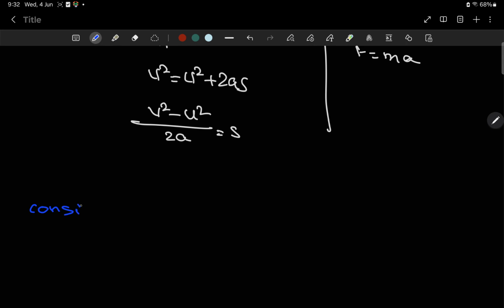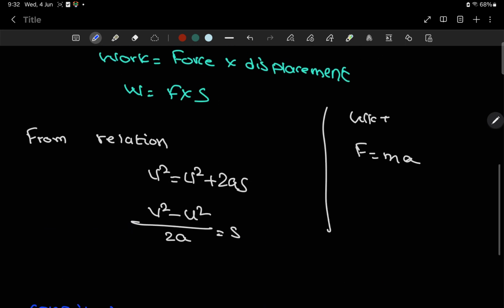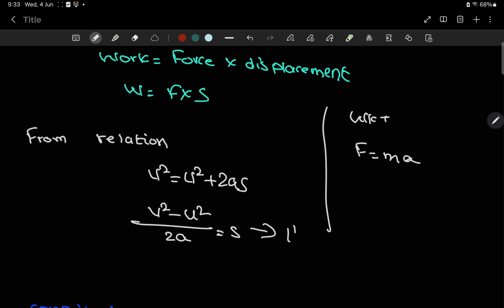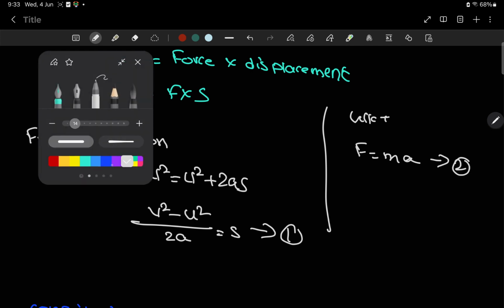Considering the equation W is equal to F into S, let's think of this as equation 1 and this as equation 2.